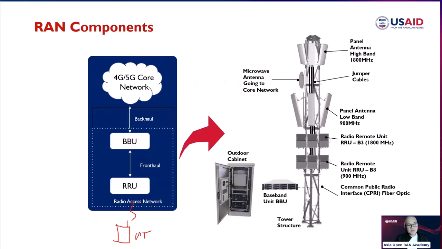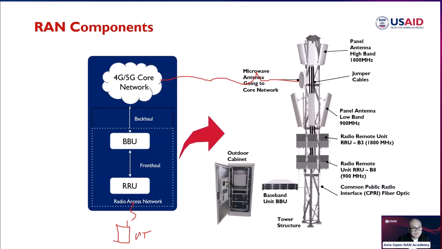There you have it, a closer look at the different components of a typical RAN system, from tower structure to transmission. Each component plays a critical role in ensuring that mobile devices can connect to the wider network and access the services they need, no matter where they are or where they go.